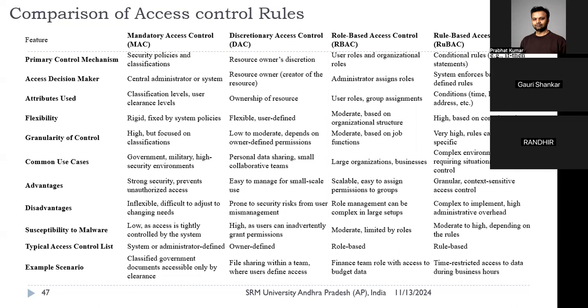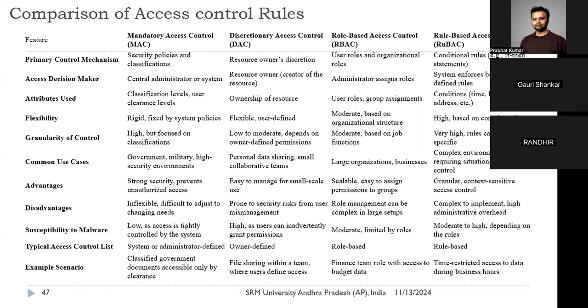So along with role based, another kind of access control came, attribute based access control, and these two combined are known as hybrid access control to give permission to the user. Then another kind of access control came, that is rule based access control, where a particular rule is also checked.